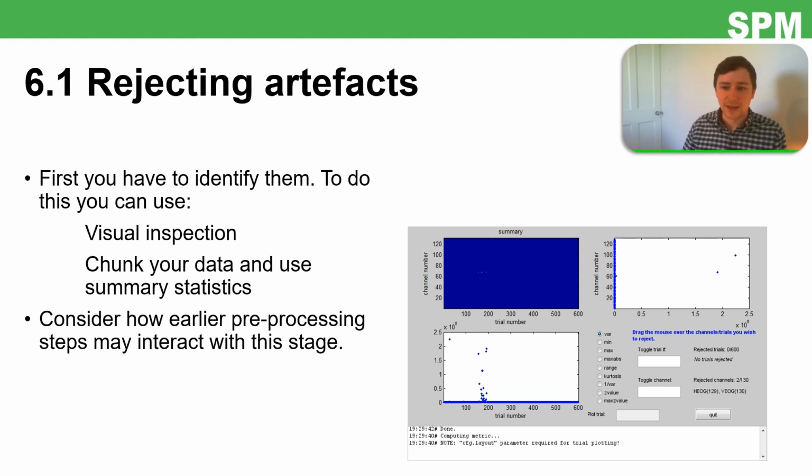You can use this reject visual function in Field Trip, which allows you to create a summary statistic across trials and across channels, and it allows you to then just drag and select anything which looks a bit out of the ordinary in a semi-principled way.